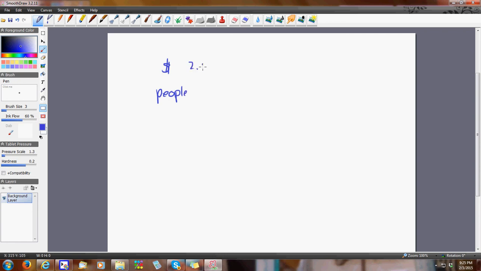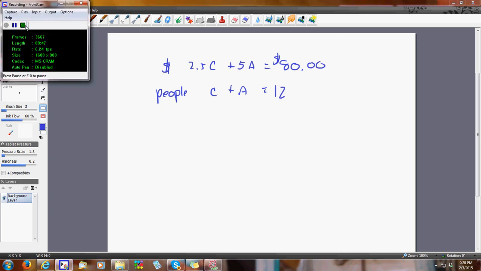So maybe $2.50 for a child and $5 for adults, and you may have brought in $80. I'm just making this up off the top of my head. And then you'll say the children plus the adults equals however many. Let's say it was like, I don't even know, 12. And you could see if that works. I'm not sure if it does, but I just wanted to get that idea down.